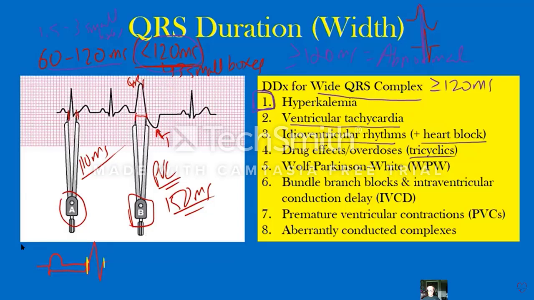There are also bundle branch blocks and intraventricular conduction delays that can cause a wide QRS complex. Premature ventricular contraction can cause a wide QRS complex, as we saw here. Remember, we saw how wide that is. And there are also aberrantly conducted complexes. These are the least severe of these, and they can also cause a wide QRS.